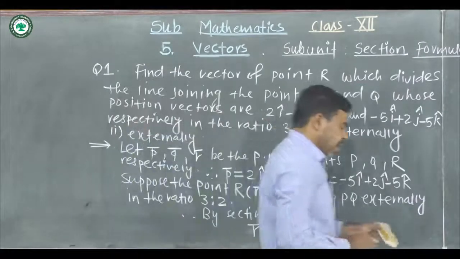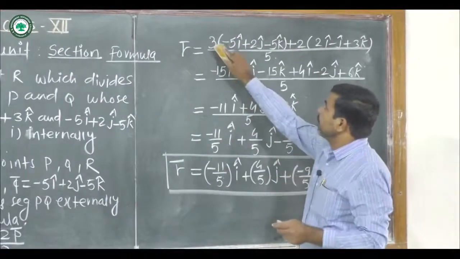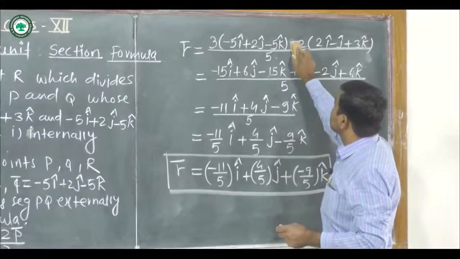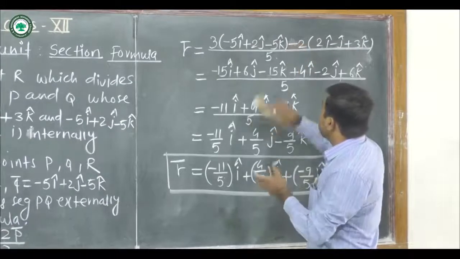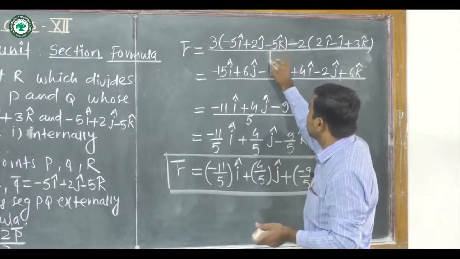So again r bar is equal to 3 into q bar minus 2 into p bar divided by 3 minus 2, and 3 minus 2 becomes 1.